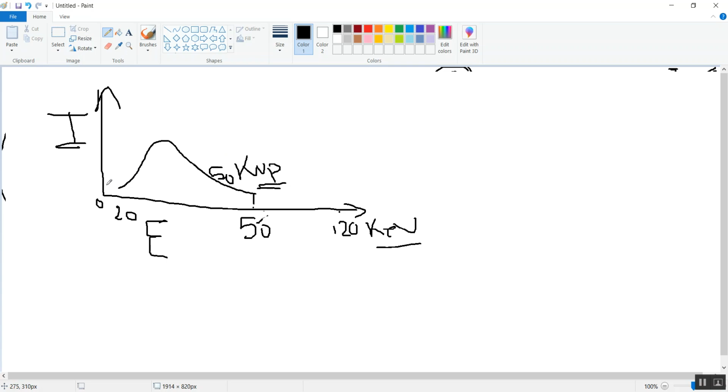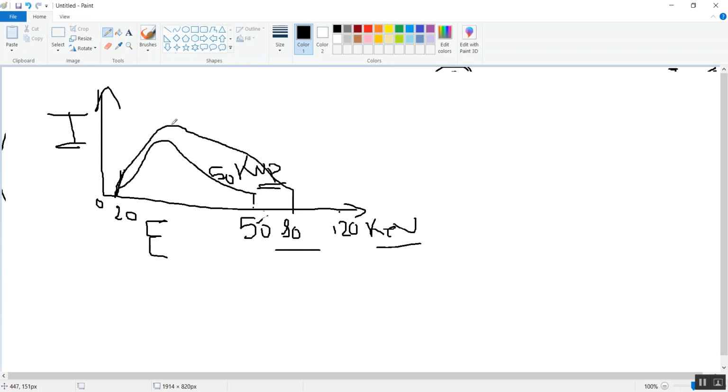But if we increase the kV, starting here at 20 kV, then 80, what happens to the intensity? It becomes higher, and the peak of the curve moves to the right side.